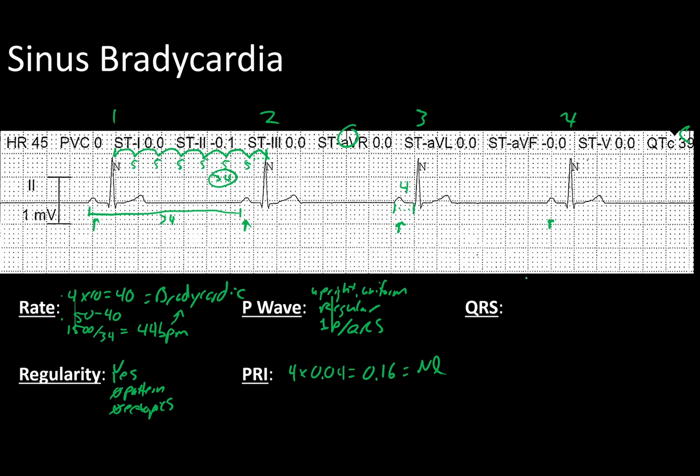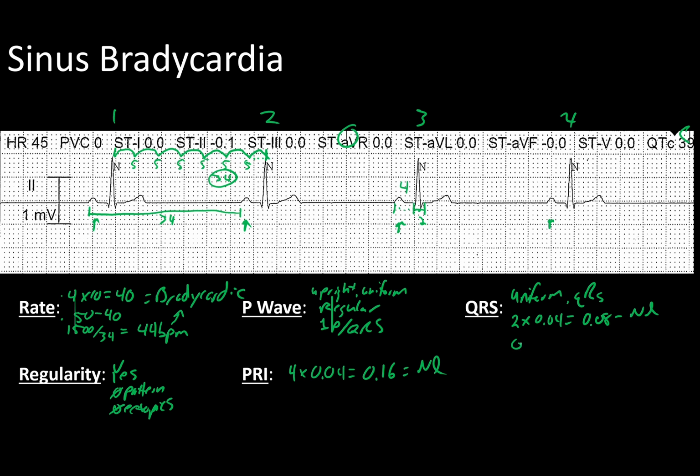Last but not least, our QRSs. They are indeed uniform. If I measure these out, well, in fact, I'll just take advantage of what I already have marked and say that that's about 2 small boxes apart. And that is normal as well.